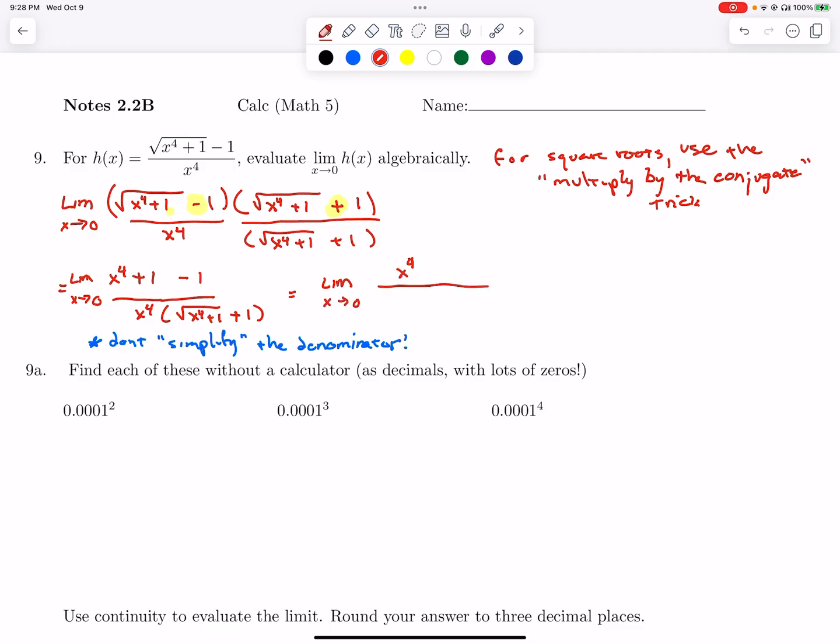And now we can cancel the x to the 4ths. And as soon as you have factored, canceled, you plug back in. So I'll write that down. Maybe I'll write it in green.